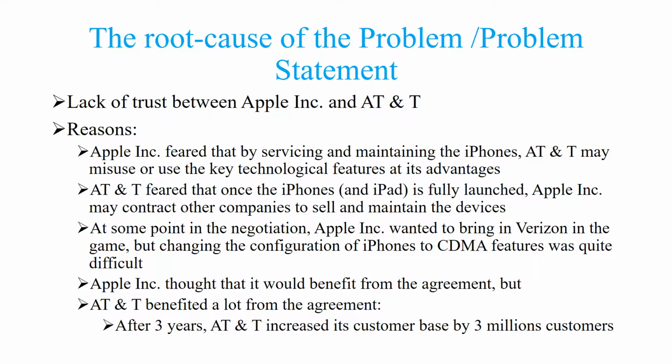AT&T feared that once the iPhones and iPad are fully launched, Apple Inc. may contract other companies to sell and maintain the devices. And at some point in the negotiations, Apple Inc. wanted to bring in Verizon in the game, but changing the configuration of iPhone to CDMA was quite difficult.